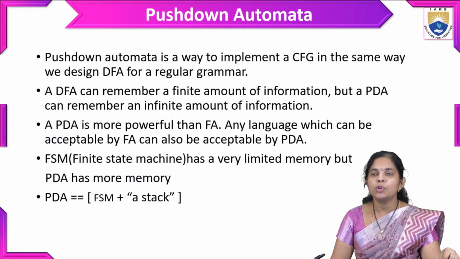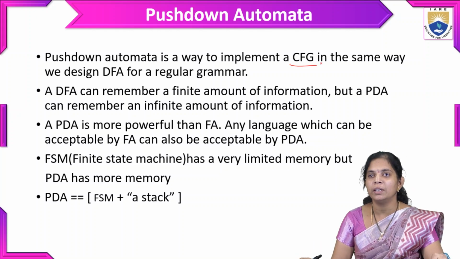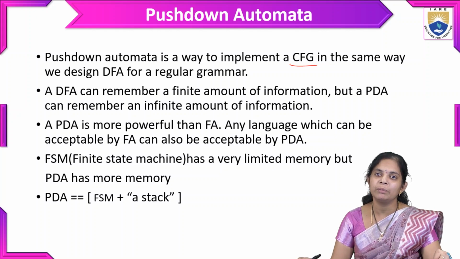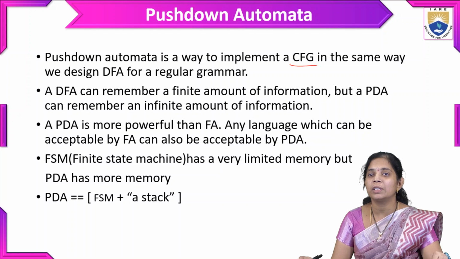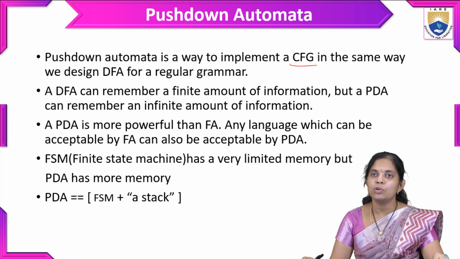So here pushdown automata is a way to implement the CFG. So CFG is nothing but context free grammar. In the same way we design the DFA. So previously in previous videos we discussed about the designing of DFA, deterministic finite automata. Like that here we can construct pushdown automata.